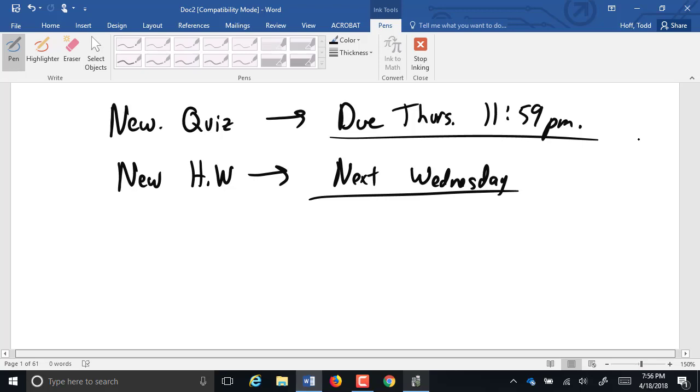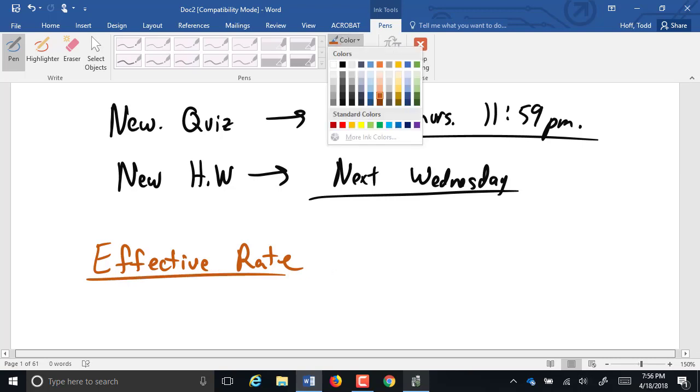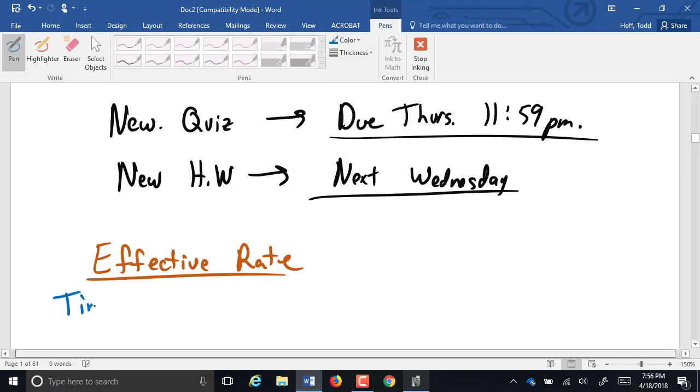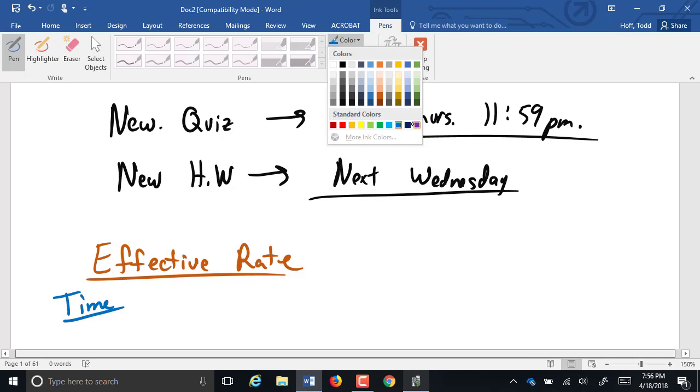The most difficult concept this week, I think, is that effective rate. And remember, with the effective rate, and this is the part that people will forget, it's all about the time. What's our rule on the time?